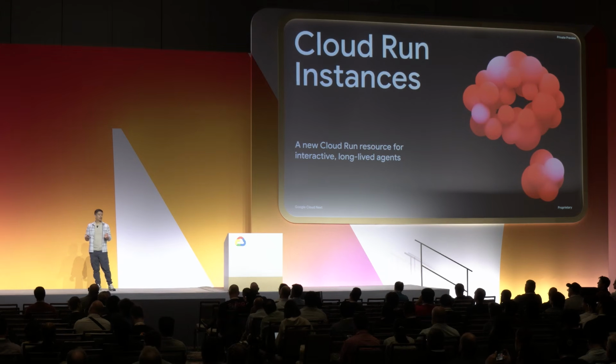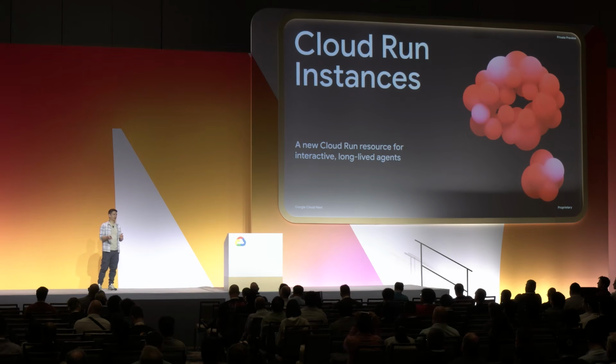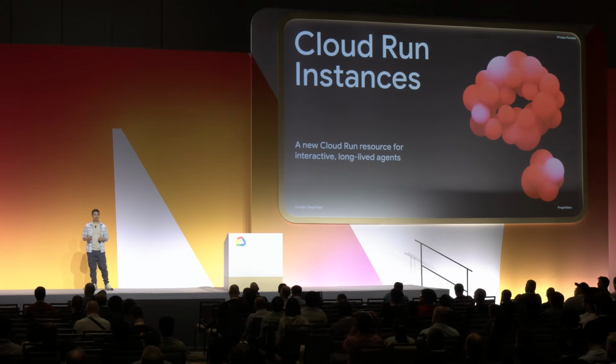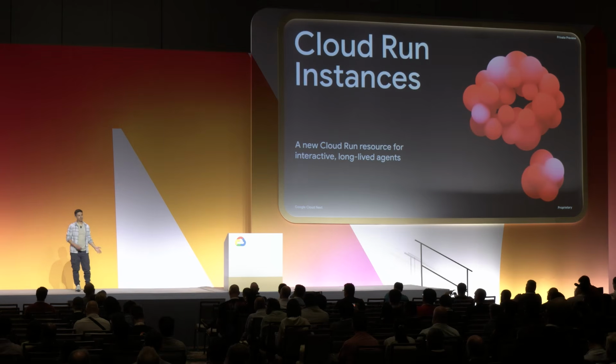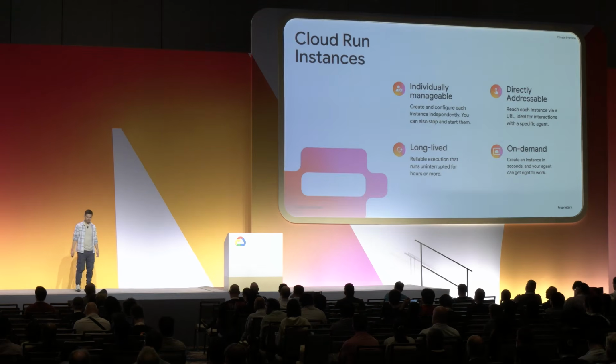For example, a Cloud Run service is comprised of multiple instances which scale according to your needs. This new resource type, the Cloud Run instance, is only ever one instance, a single copy of your workload running at any given time, and was purposely built for agents.